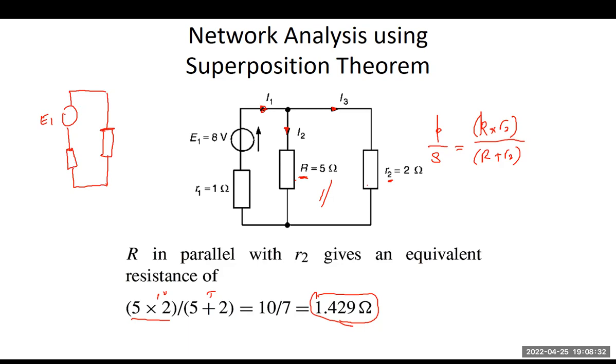This is E1, and this is the direction of flow. This is now the R equivalent, which is equal to 1.429 ohms, and we still have R sub 1 here, which is equal to 1 ohm.